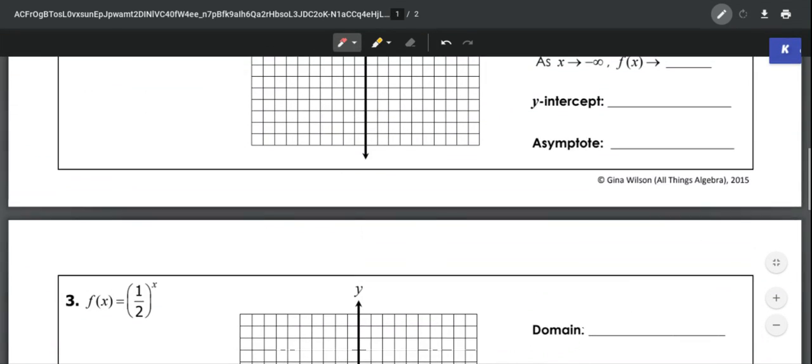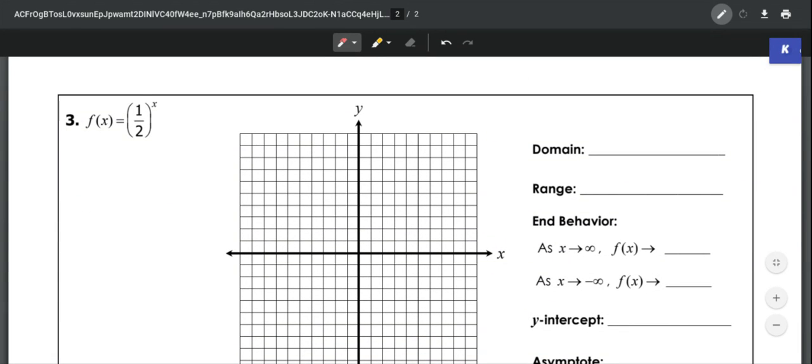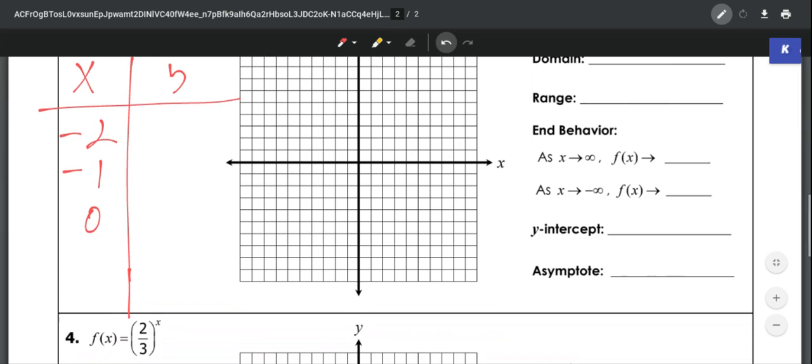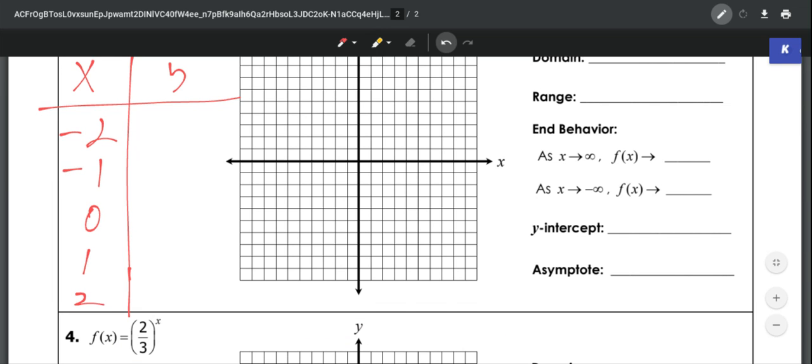And the decay is just looking at this b, and this b is less than 1. So that's really the only difference here, is that it's just graphed a little bit differently. So let's look at this. We're going to create an x and y table and start with -2, -1, 0, 1, 2.